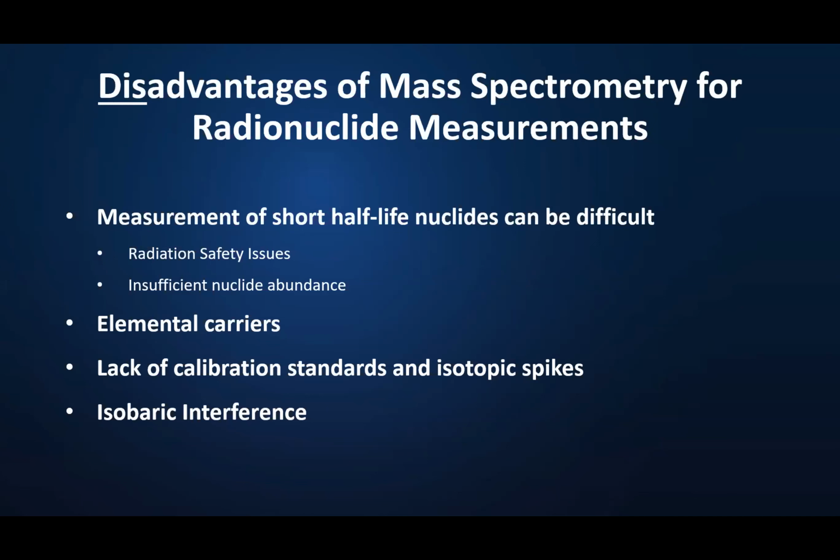Yeah, I think we saw in at least two of the presentations, from the CEA and from the NMIJ, that the calibration standards isotopic spikes issue has come into play already. We're quite aware of that.